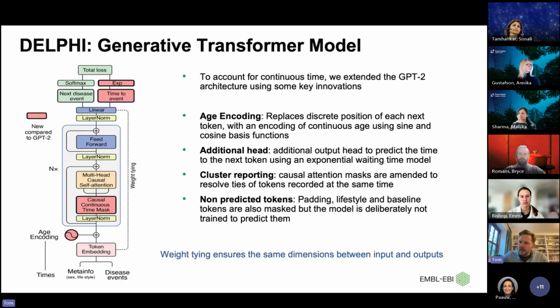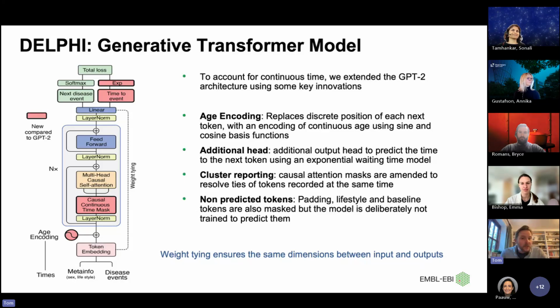So this is the only AI architecture diagram I've got in the whole talk, but it's key. What you're looking at there is a classical decoder-only transformer. You can see some classical things like these causal attention mechanisms, but I've highlighted in red some of the differences to the standard modeling architecture that we've made, which are important.